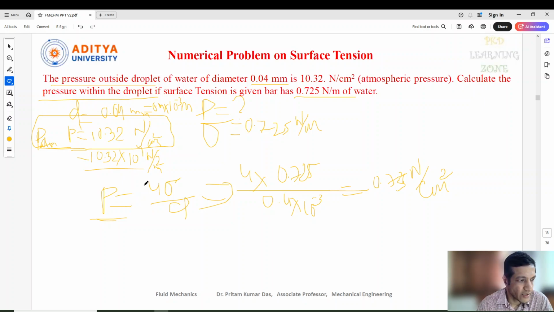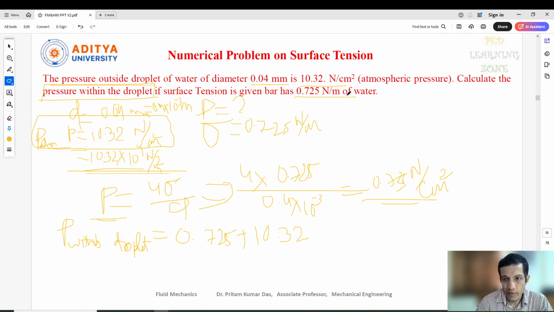So to calculate the pressure inside the droplet, it equals the pressure we got here plus the outside pressure. Writing in centimeter square, that is 0.725 Newton per centimeter square, plus the outside pressure, which in the question is already given in Newton per centimeter square, 10.32 Newton per centimeter square.